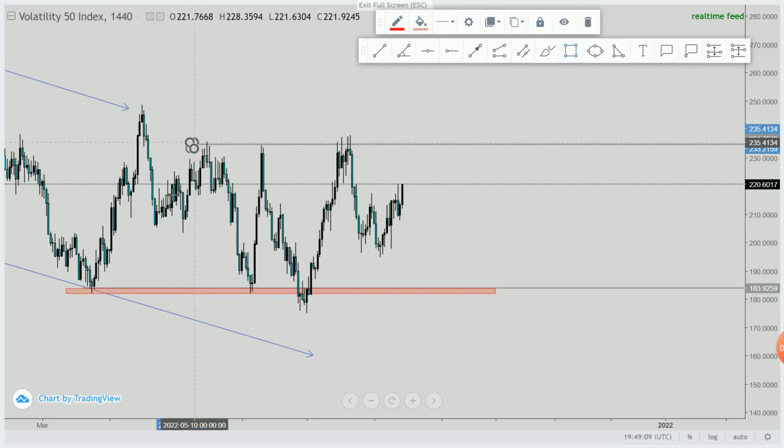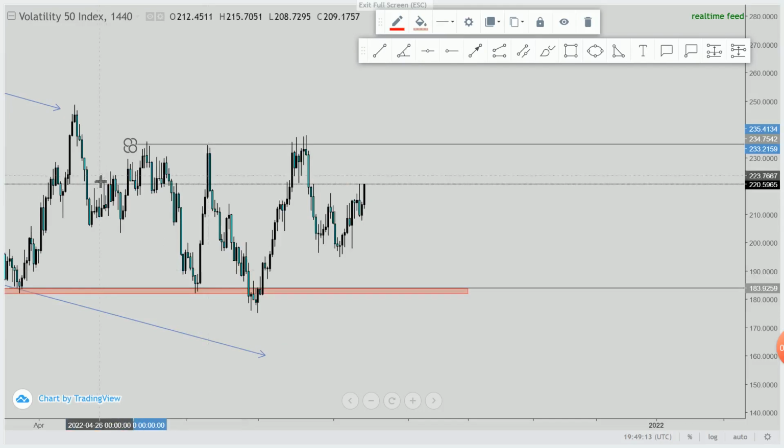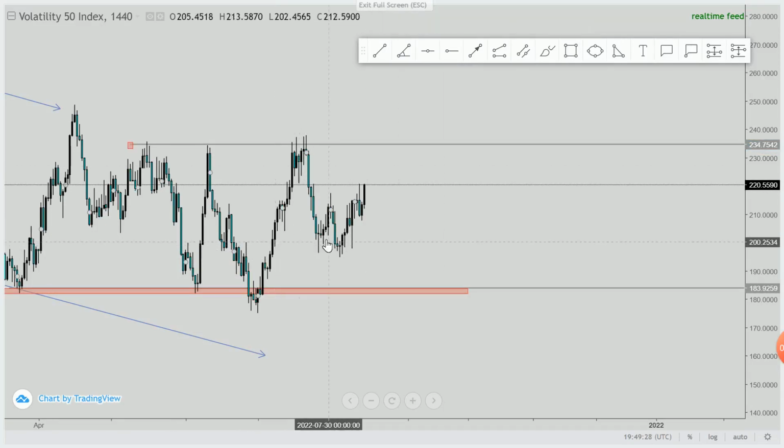That is why you just have to use your line chart. This to me looks like some form of consolidation, but overall we also have this area as well, that the market failed to break below.